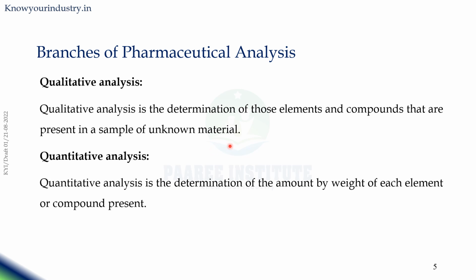Or you determine a structure, or you see the molecular weight, something like that, which is qualitative in nature. Then the quantitative analysis is the determination of the amount by weight of each element or compound present. For example, assay, which is a quantitative analysis where you are determining whether the paracetamol tablet has the 500 mg label claim present in the tablet. That is a quantitative analysis.